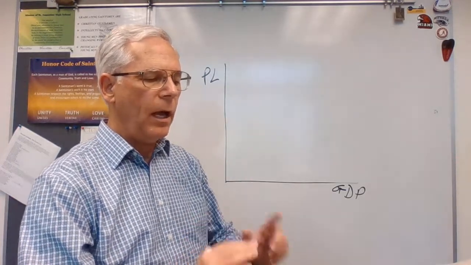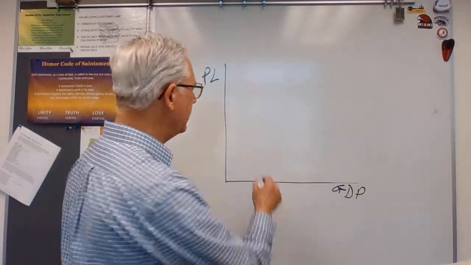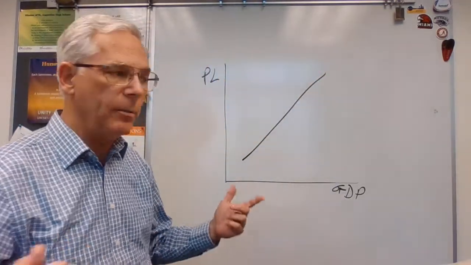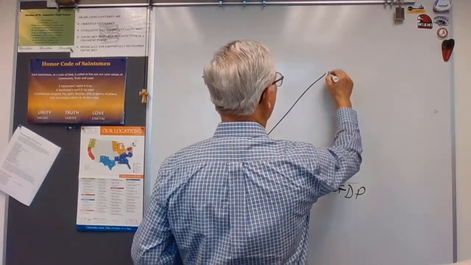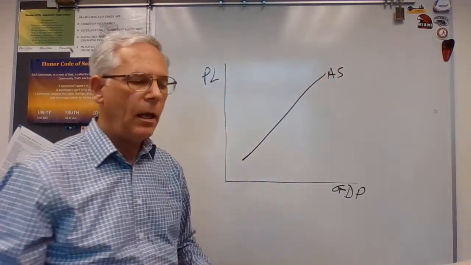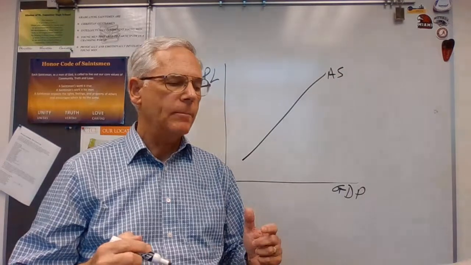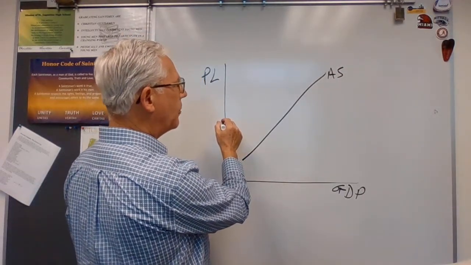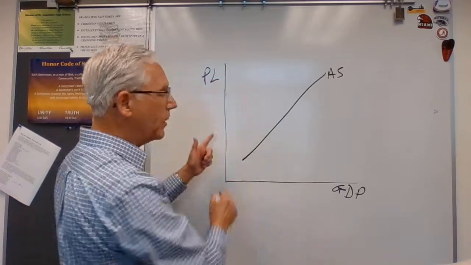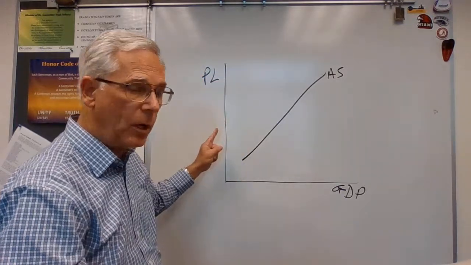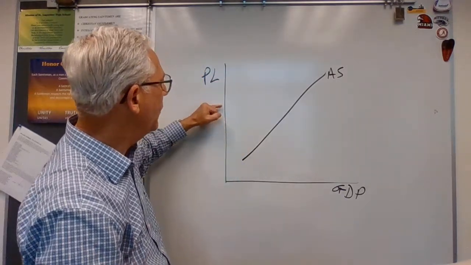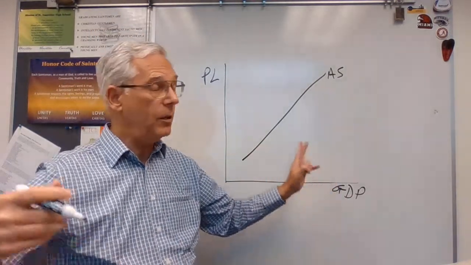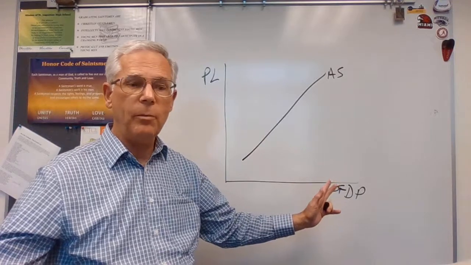All right, so the aggregate supply in the short run is this upward sloping line, and we're going to label it, of course, AS, aggregate supply. It's assuming that, as I said, the output prices are flexible, and that's what this vertical axis is, the output prices. So as price level rises, businessmen see some short-run profits to be made.